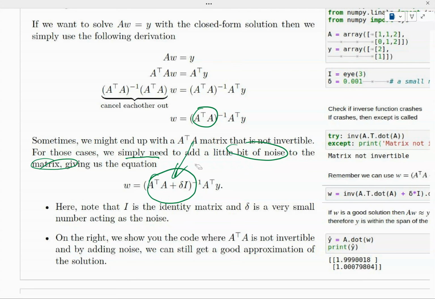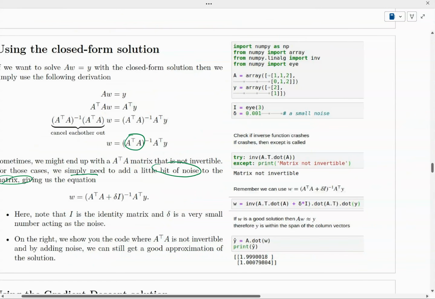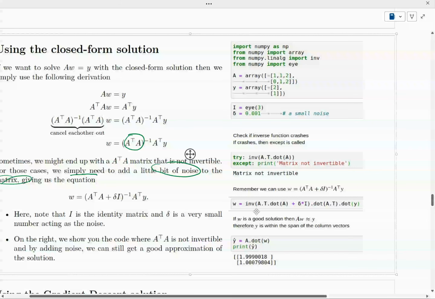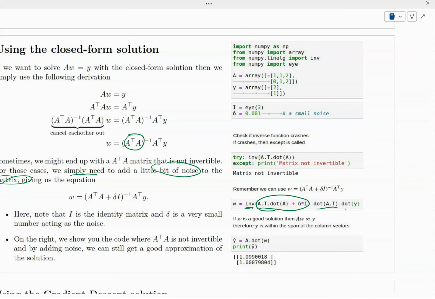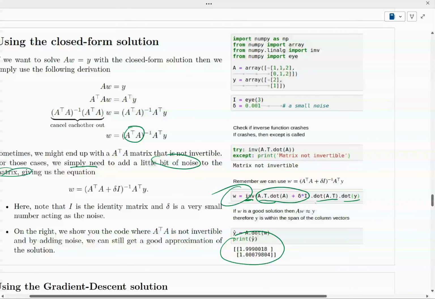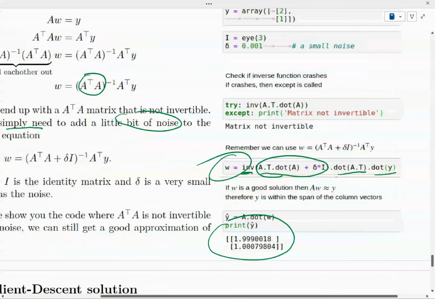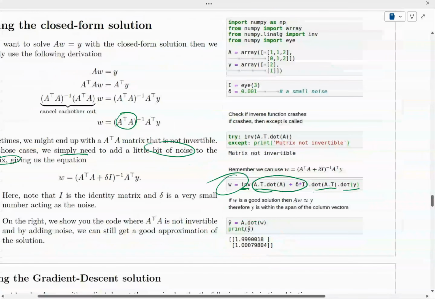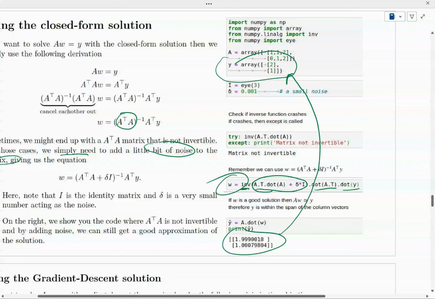Okay. And you can see right here, I took the inverse of this thing multiplied by A transpose and Y. It gives us the weight. And the weight is very, very close to the actual solution itself, which is 2 and 1. Remember, 2, 1 was Y. So we wanted them to match.